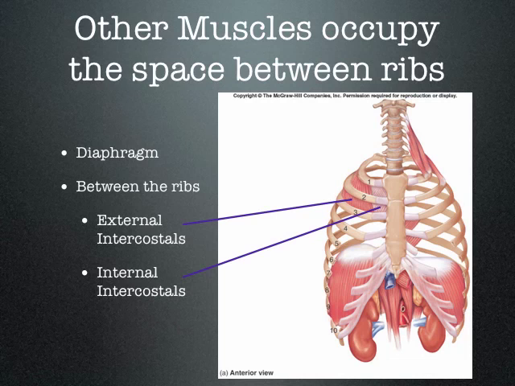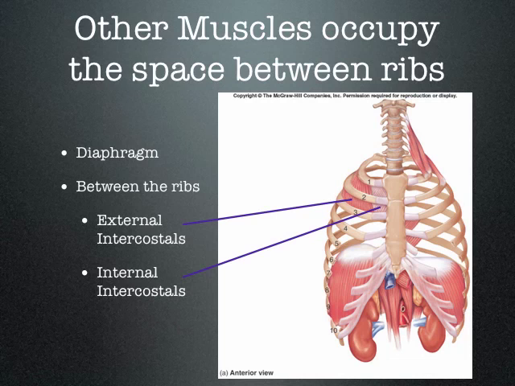External intercostals are very much like the external obliques. Even to where they are an oblique type muscle. They are running at an angle. The internal intercostals are oblique like the internal obliques. And there are many of these because you find one set between each and every rib.